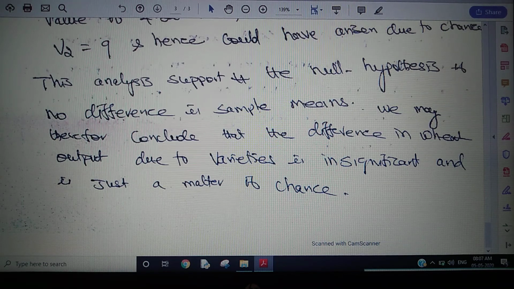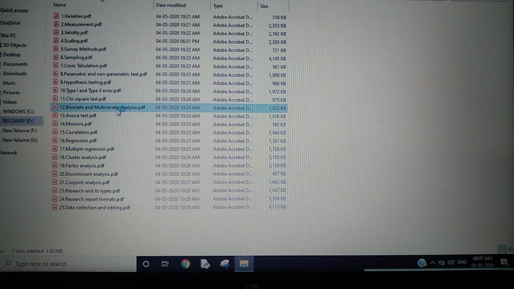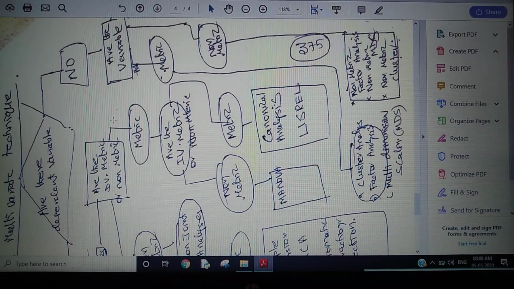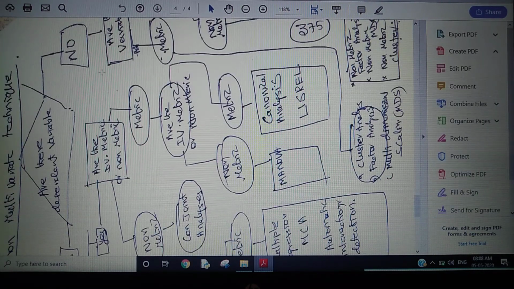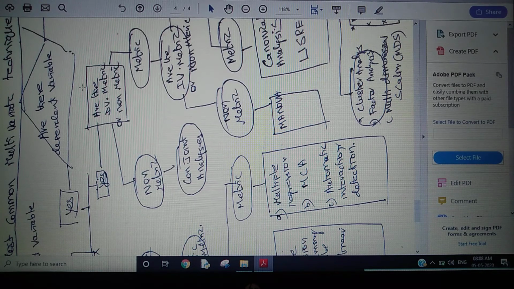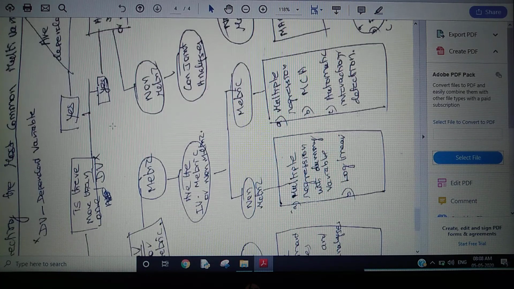In the previous session, when we discussed multivariate analysis, at the end of the class we discussed a decision flow for choosing the multivariate analysis technique. Is there any dependent variable or not? Yes. Is there more than one dependent variable? Yes.